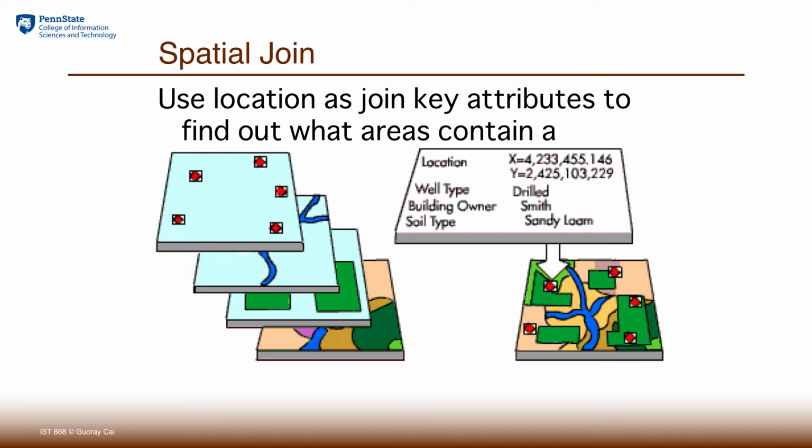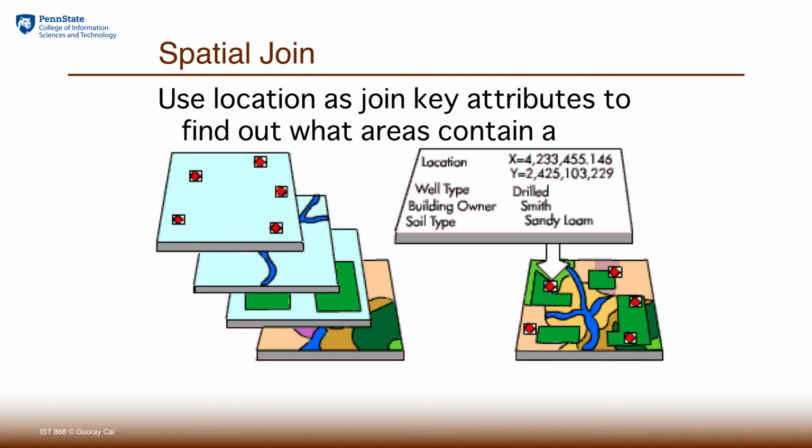Well, the question is, what if our analysis requires us to know not only the well location and the well type, but also who is the owner of the parcel that this well is located within, and what kind of soil type is on the ground. So we need to put that information together.